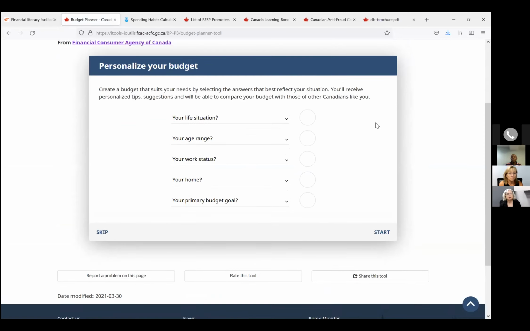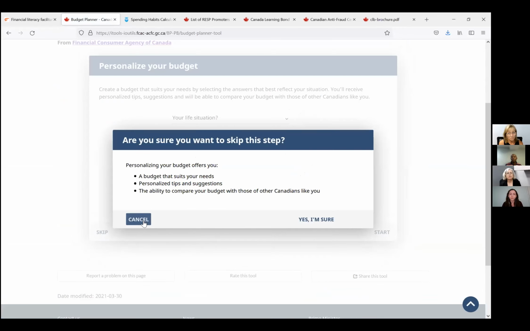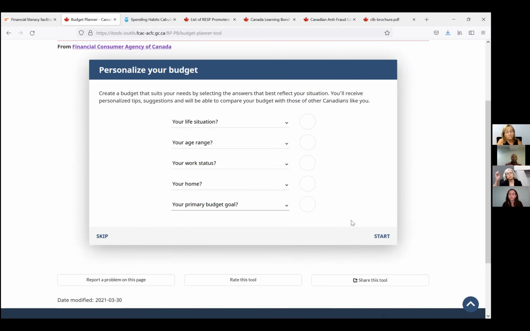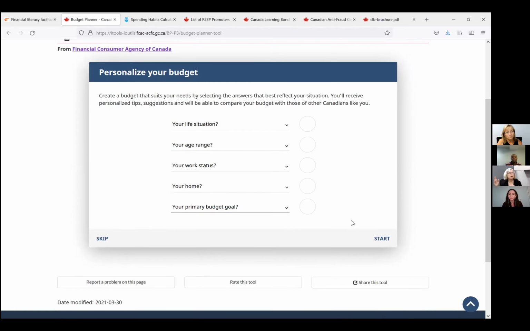What it does, like what every budget does, is it adds up your income and expenses. It asks you some questions at the beginning, like how many kids you have, what's your life situation, your work status, stuff like that. And then once it has that information, it asks you questions like what's your income, you put that in, what are your expenses, with little drop-down menus for different kinds of expenses like housing expenses, car expenses, stuff like that.